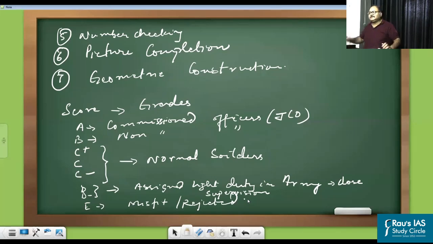The developers of the test were ardent believers in genotype, as they believed that general intelligence completely depends upon genes. So they were firm believers in genotypes.